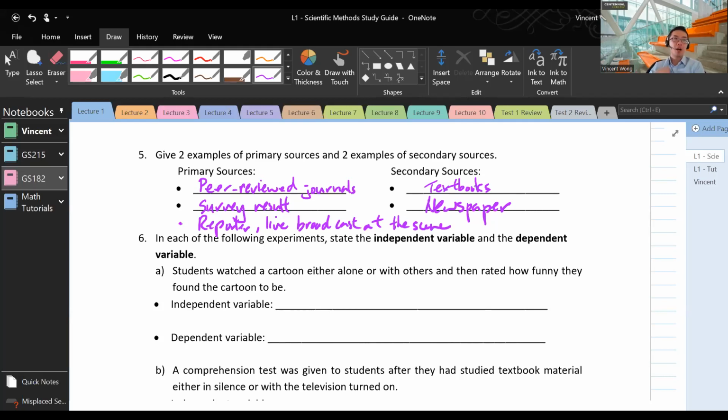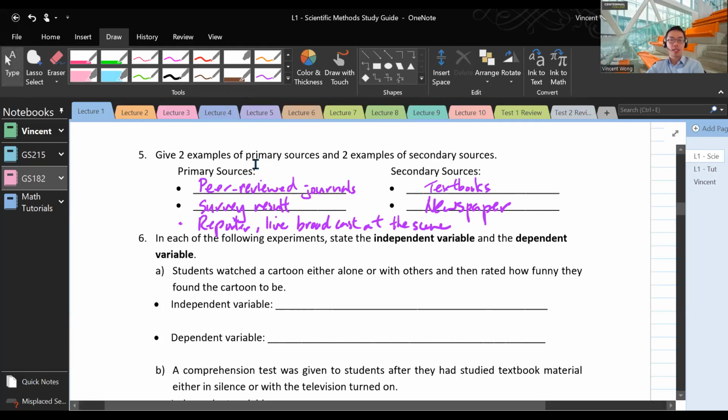If I tell you about my experiment, you interview me and ask me about it, and then you write an article about it, then the article is going to be a secondary source because it did not come from me. It comes from a secondhand source, basically. Make sense? Or do you have a follow-up question? Okay, great.